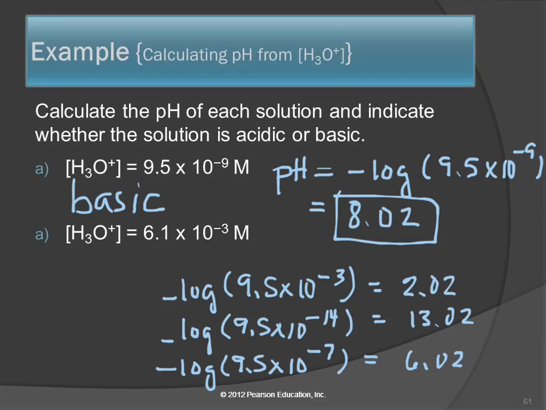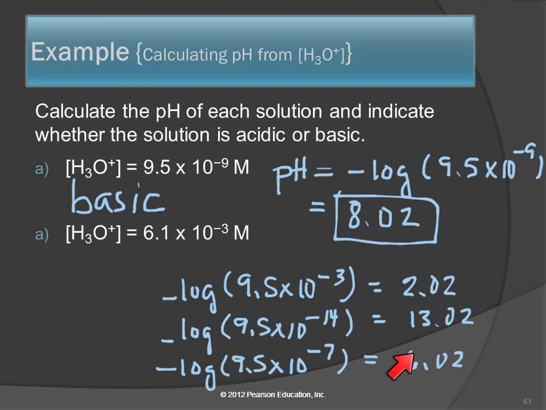Do you see the pattern going on here? What do these numbers have in common? The coefficient in scientific notation, the 9.5, is the same for all of them. What's the same in these pH values? The 0.02.